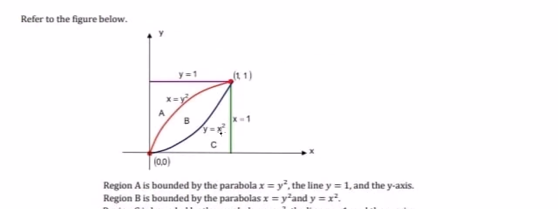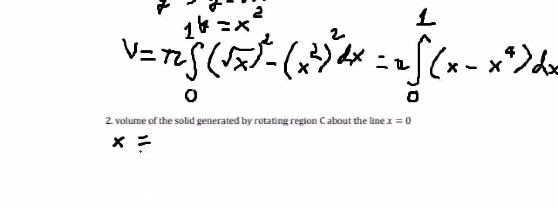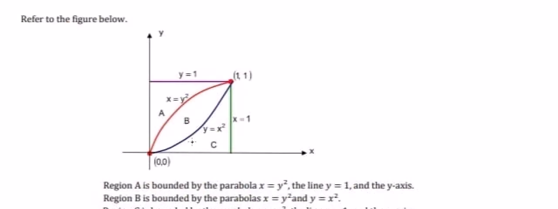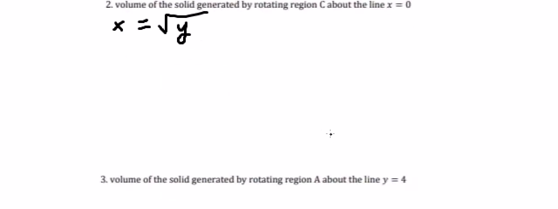So we have y equal to x squared, so x equal to the square root of y. And we have x equal to 1. So this one minus this one, and this one minus this one. So we have the region C here.